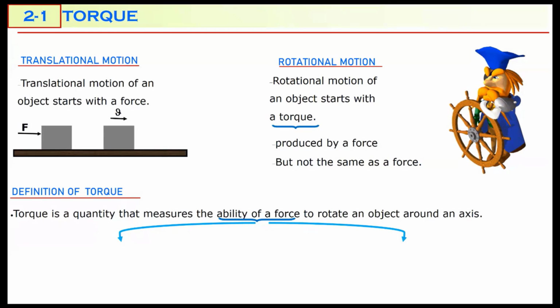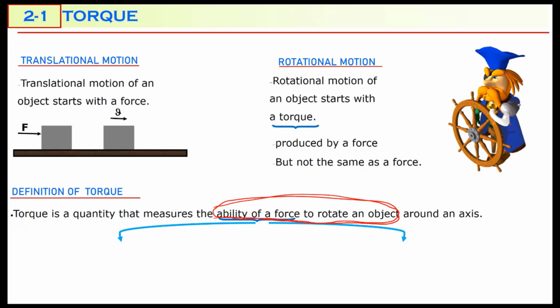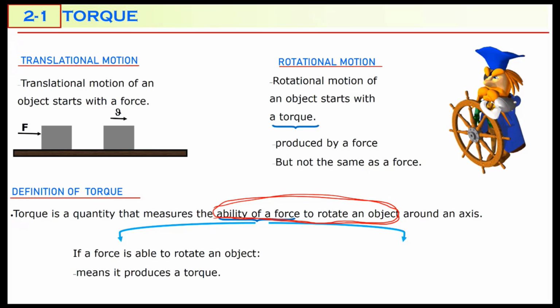The definition of torque is given in your book with these sentences. Torque is a quantity that measures the ability of a force to rotate an object. This is the definition of torque. There must be a force, absolutely, but that is not enough. This force must be able to rotate the object. If a force is able to rotate an object, we say that this force produces a torque.